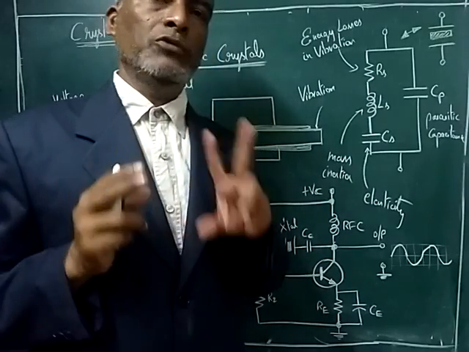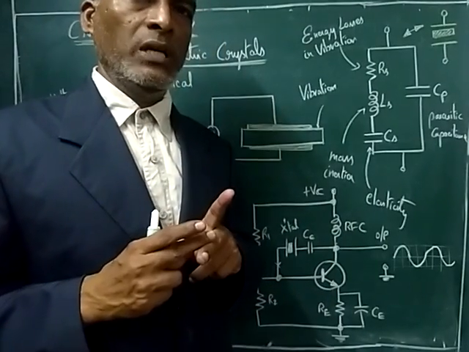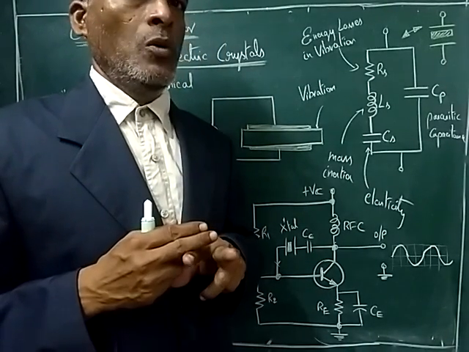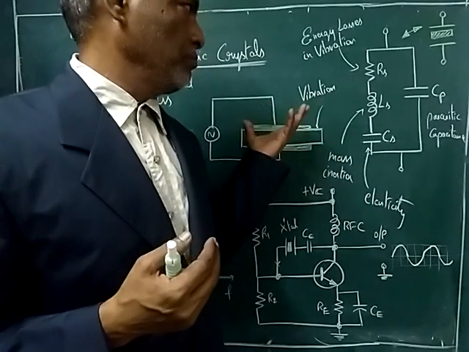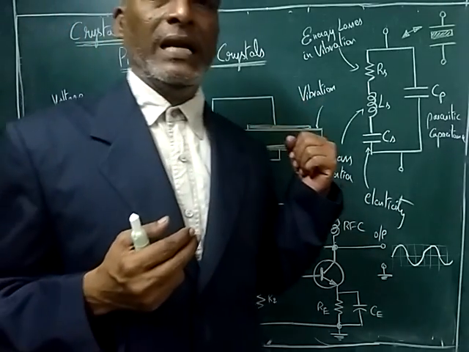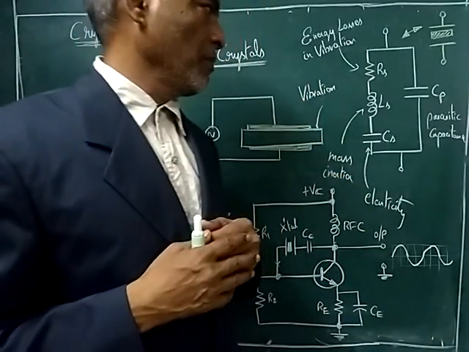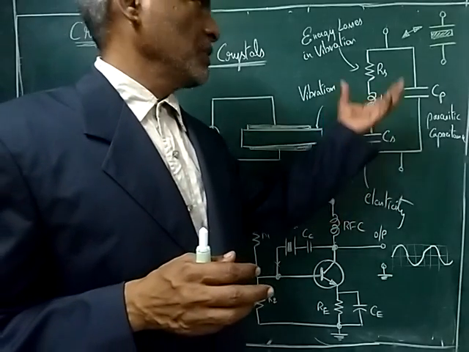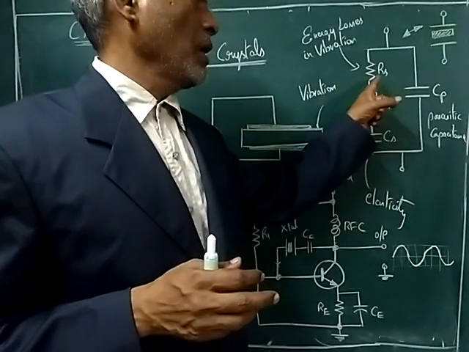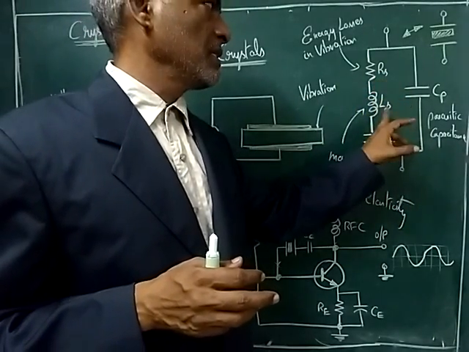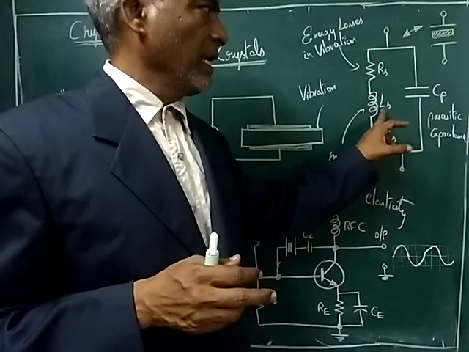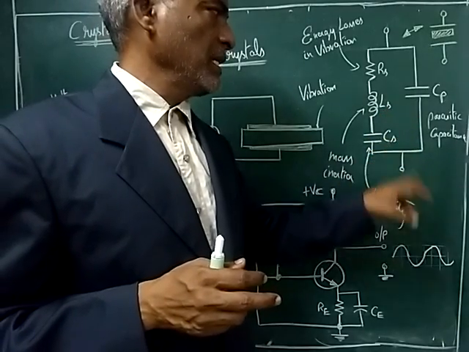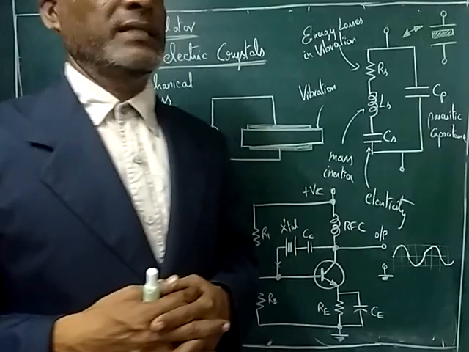Now we have to see the equivalent diagram for this piezoelectric crystal. We have two equivalents, one is the mechanical equivalent as well as the electrical equivalent. Most of you might not have come across the mechanical equivalent of the components. Never mind. First we will see the electrical equivalent. You have RS, series resistance, LS, series inductance, and CS, series capacitance.